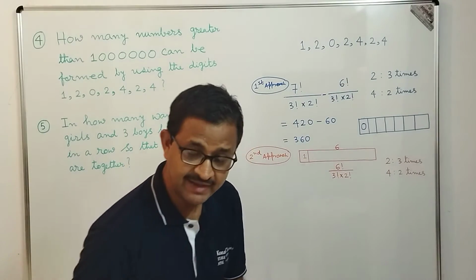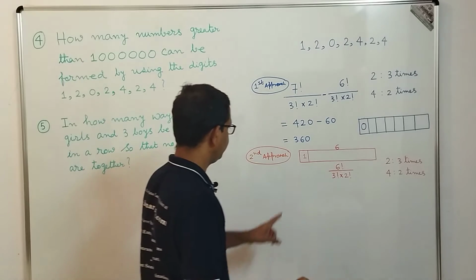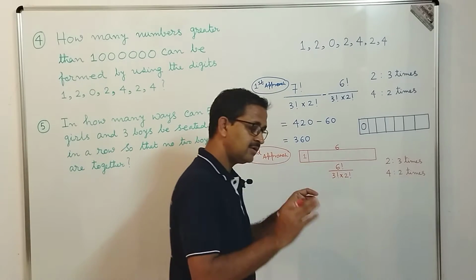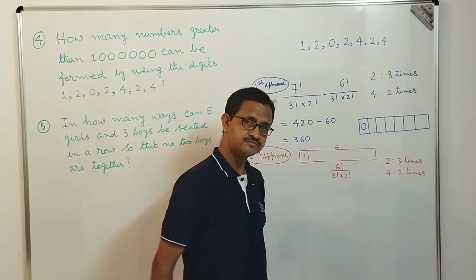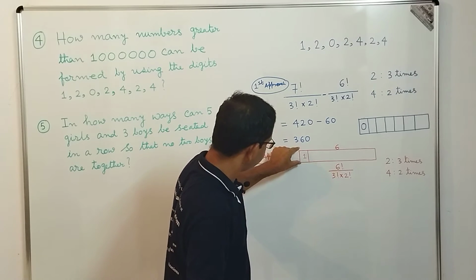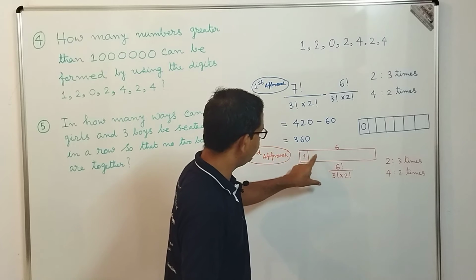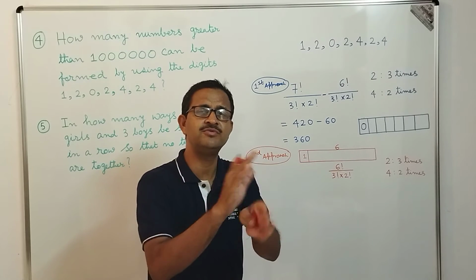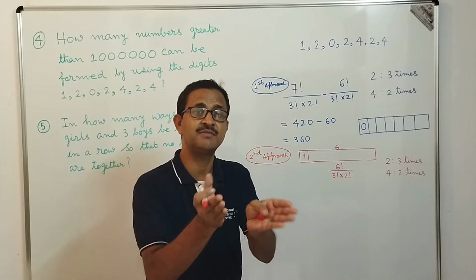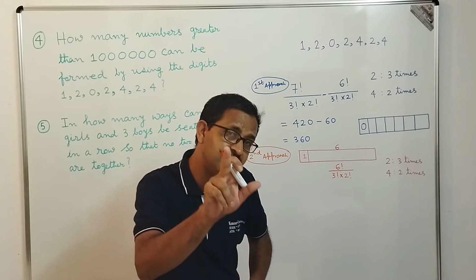Let me repeat to eradicate any confusion. We are going to start with the formation of the digits starting with 1. The moment we fix that starting digit as 1, how many digits are we left with? 6. We can make any arrangement of these 6 digits. That means 6 objects, not all distinct.